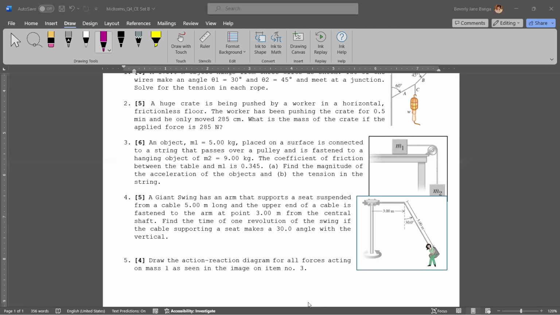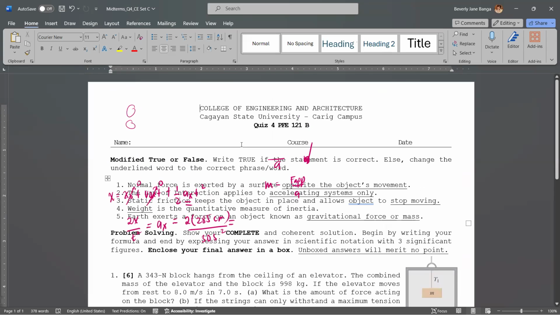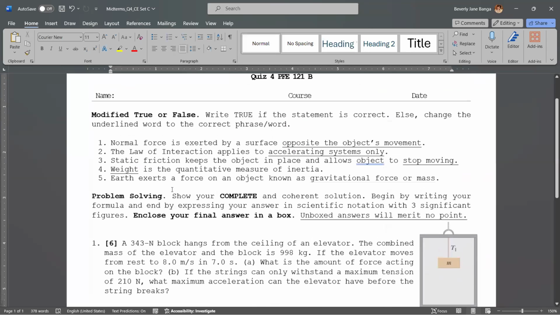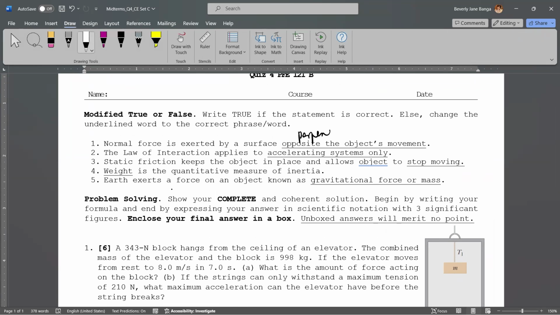Set C. This one is a bit difficult. Wait, why is there this in set B? Let me erase. Okay, so in set B, modified true or false: normal force is exerted by a surface opposite the object's movement. So no, this is perpendicular.